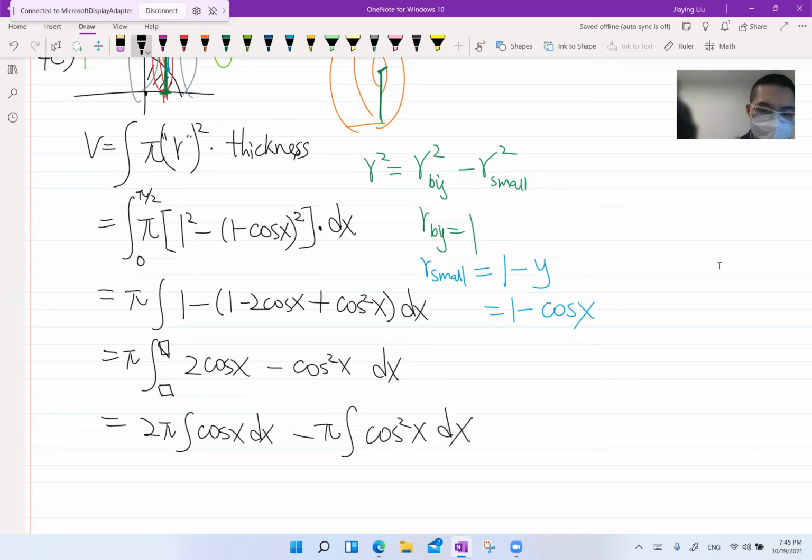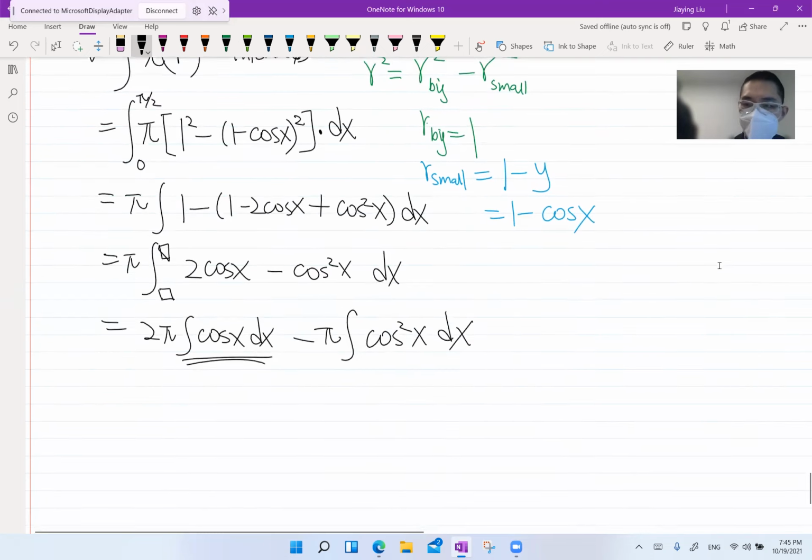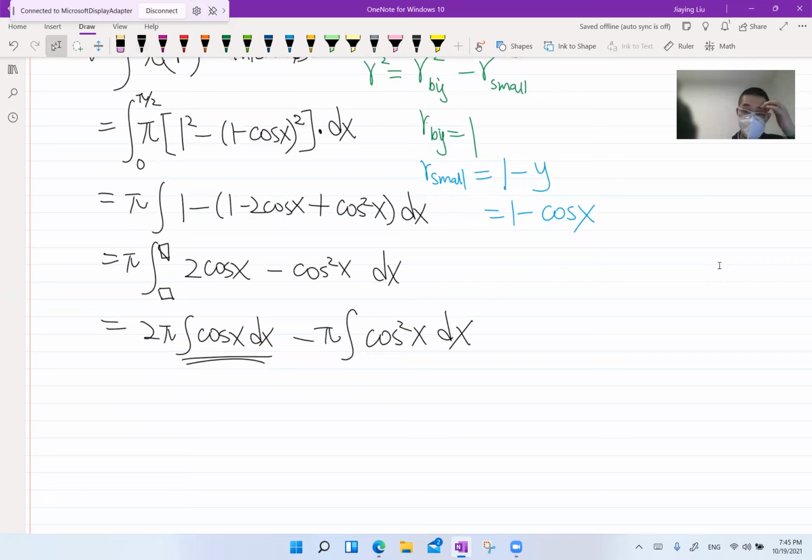The first integral, I believe that you can find it easily, but what about the second one? How do you integrate cosine squared x? The trick is that the exponent of cosine is even. So we're going to have to use the double angle formula to rewrite it. This is what I call the double angle formula.